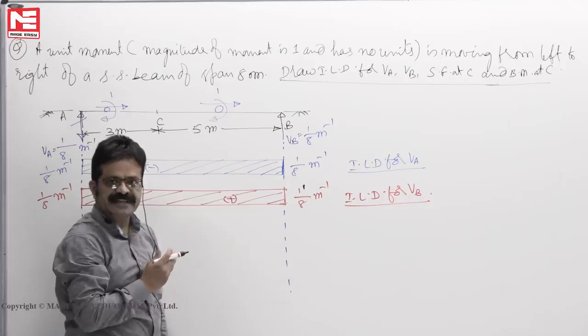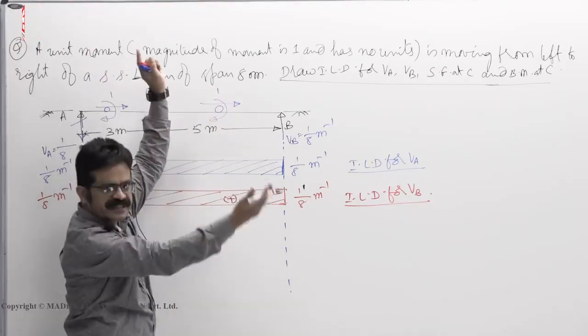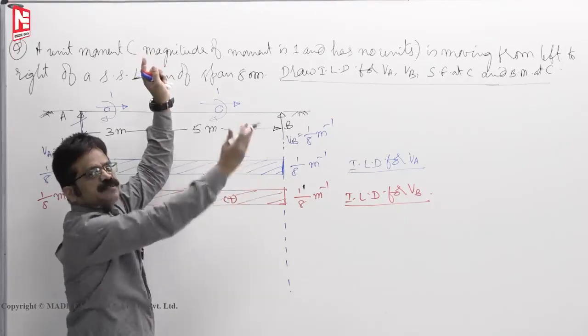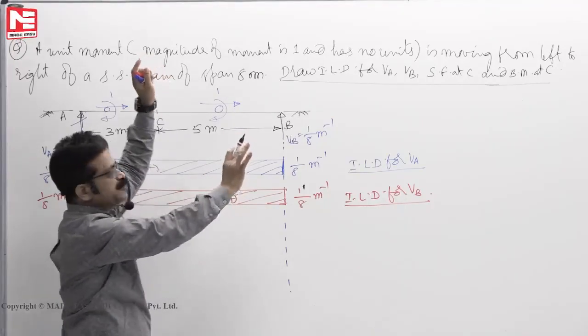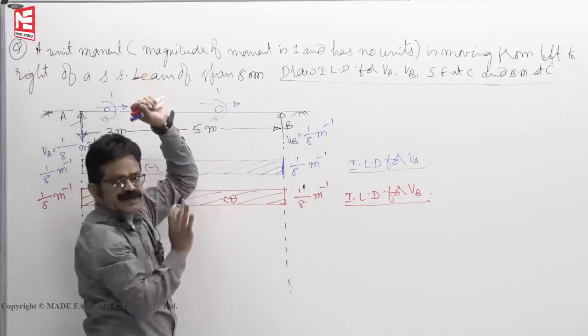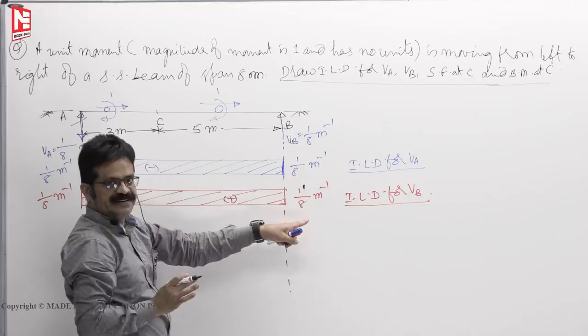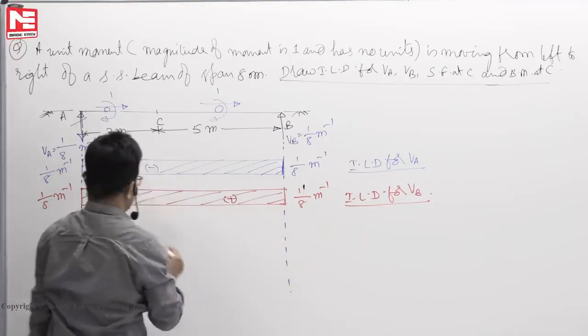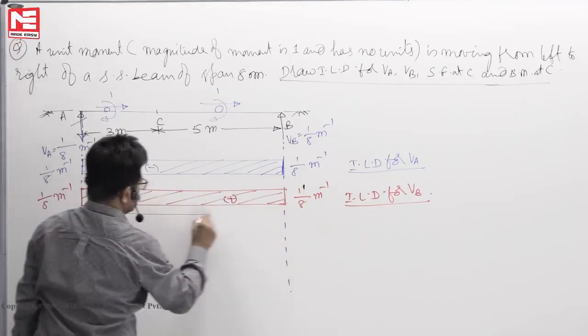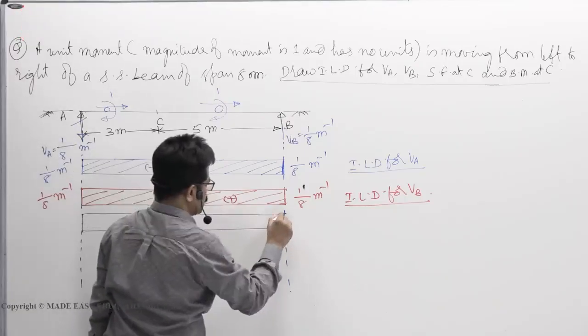That is what you have studied in strength of materials also. So, when the moment is here, again stand here, look right side only. Section right side upward, minus VB. That means wherever the moment is, shear force at C is minus VB. We know how to draw VB, 1 by 8. Now put it as minus 1 by 8. So, you will get it like this.